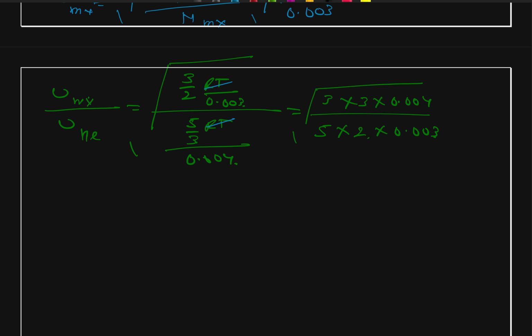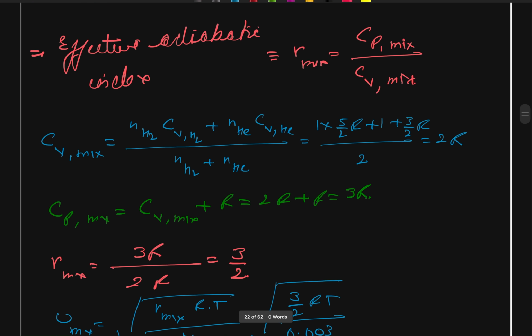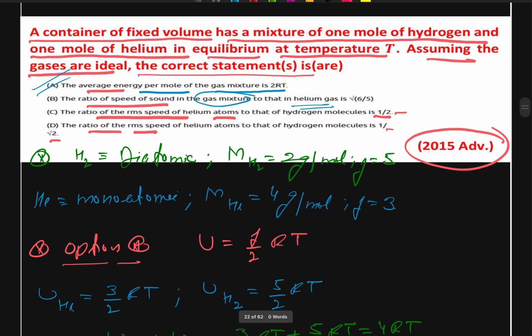So this will be coming as 36 divided by 30. And the ratio is the square root of 6 upon 5. So option B is also correct.